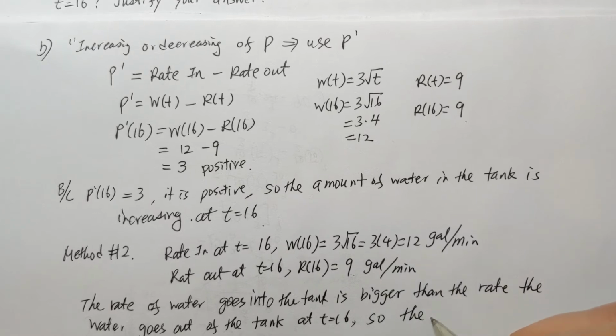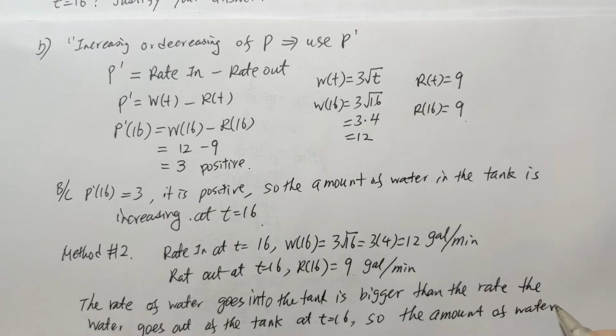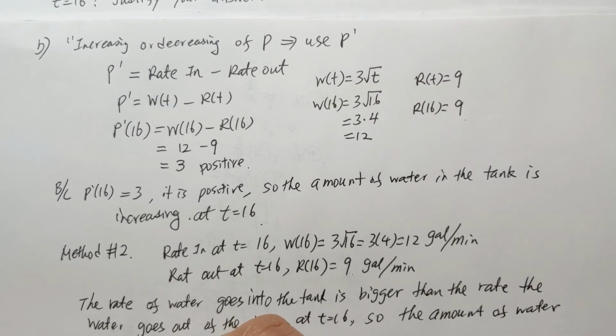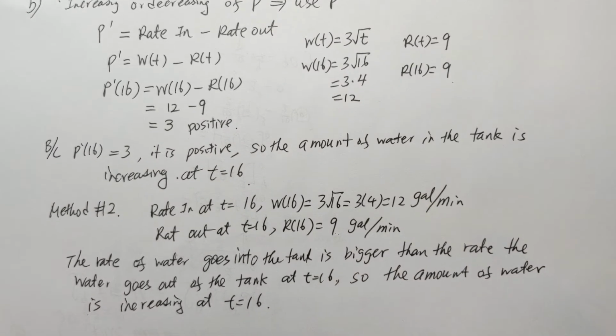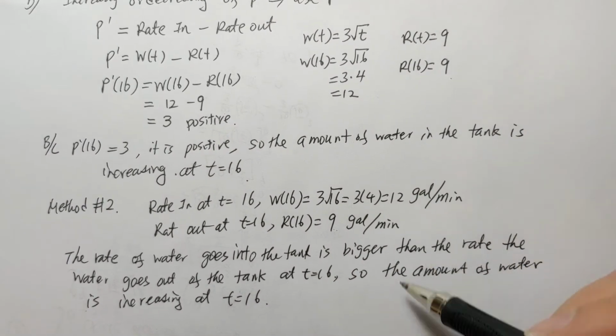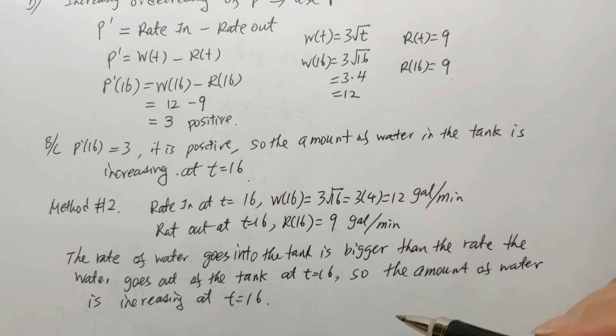So the amount of water is increasing at t equal to 16. So there are two different ways to show the work. You choose the way that you feel comfortable.